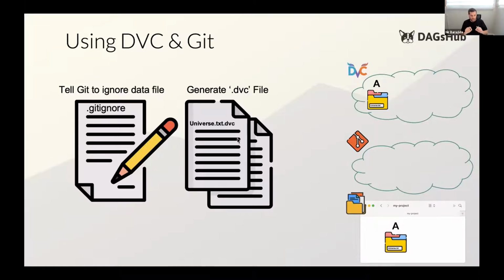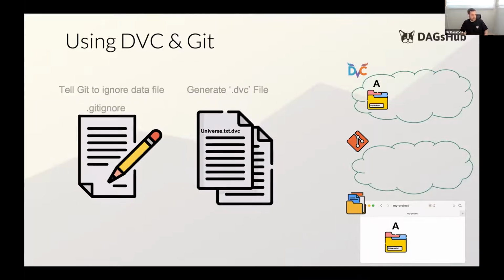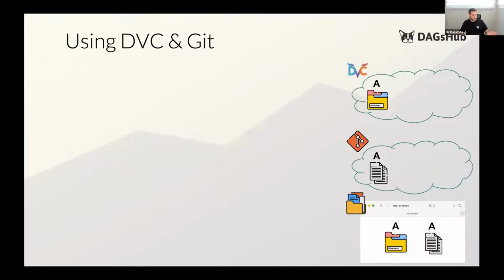This is a pointer file that points to the specific version of our data file. So this pointer file is going to point to version A of our data file. So those two files are going to be versioned by Git. And as a rule of thumb, every file that ends with .dvc, we're going to version with Git, because those are small files.